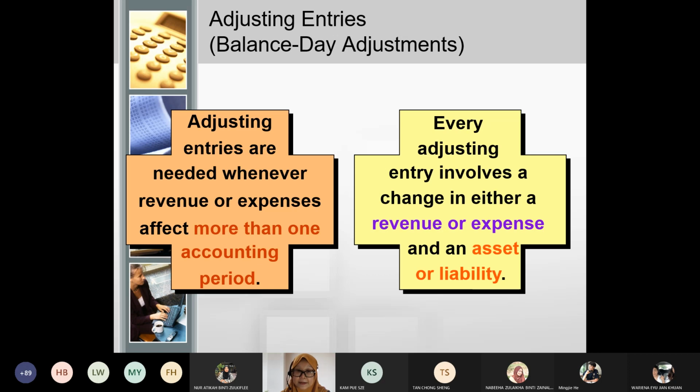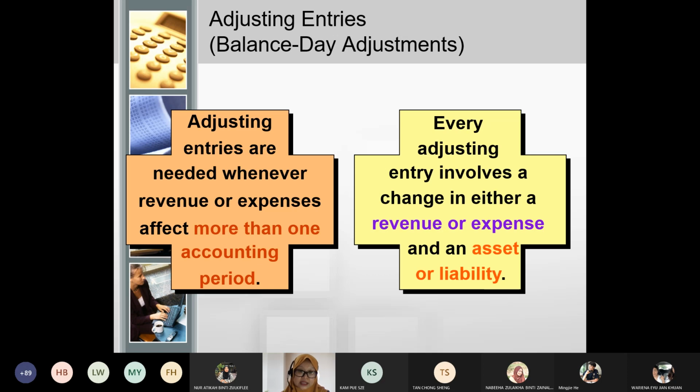So here, we use adjusting entries because we use the accrual basis. Accrual basis means that revenue is recognized when it is earned, and expenses are recognized when they are incurred. The accrual basis of accounting complies with the generally accepted accounting principles, or GAAP.